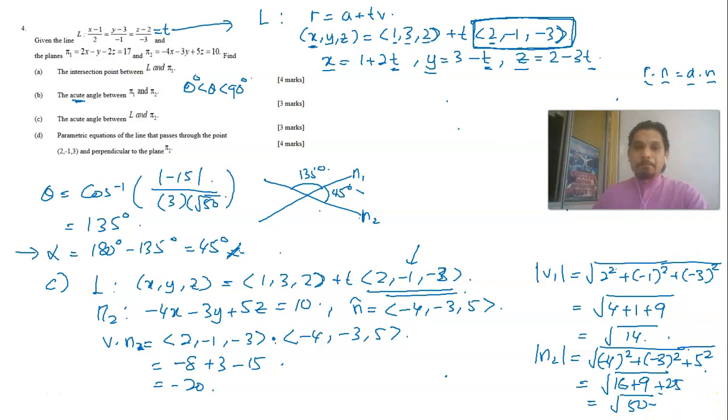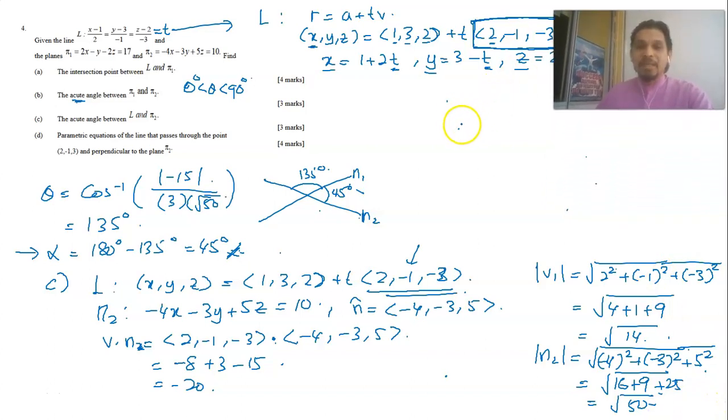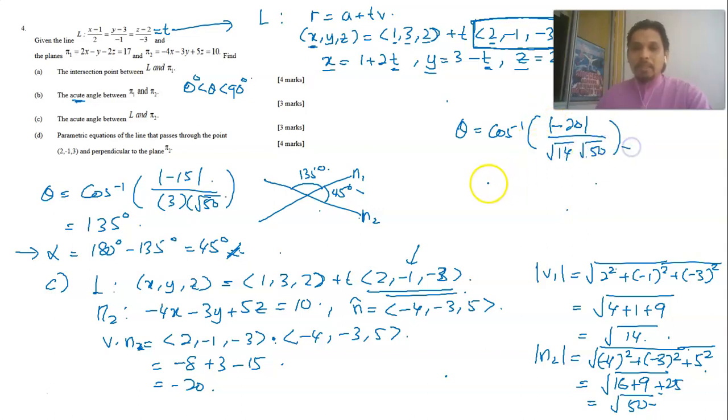So now, theta equal to arc cos of the dot product, which is -20, make it positive with absolute value sign here, and then square root of 14 and square root of 50. So use a calculator, and this is going to give you 139.11 degree.